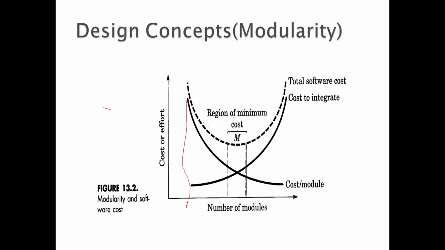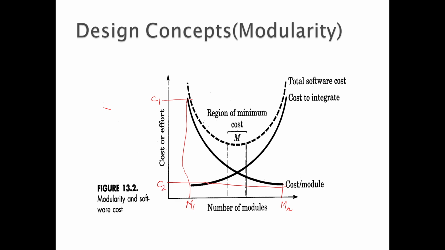So let's say M1 is the number of modules, and you see the cost is the highest. This is C1, the cost when you have M1 modules. And when you go to Mn, the cost is less. This is the cost C2.